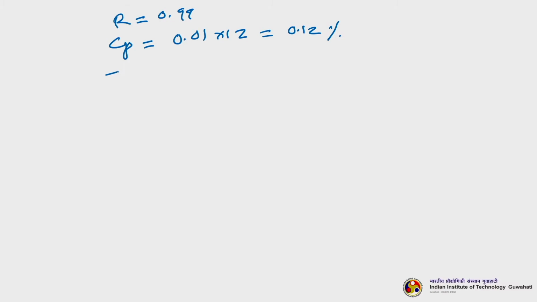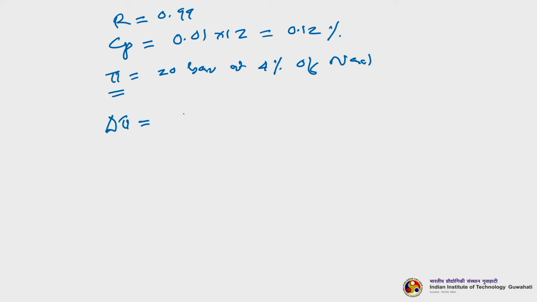Now, pi equals 20 bar at 4% NaCl, as given in the problem statement. So, this is the osmotic pressure difference between the feed and the permeate. Now we have to calculate delta pi.